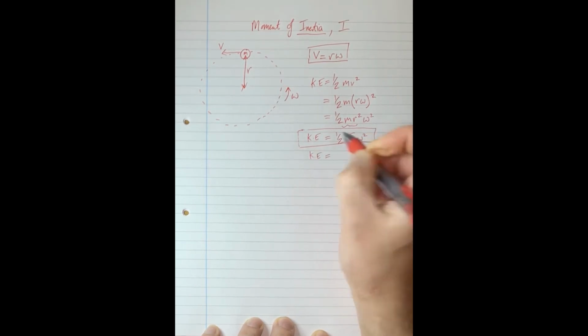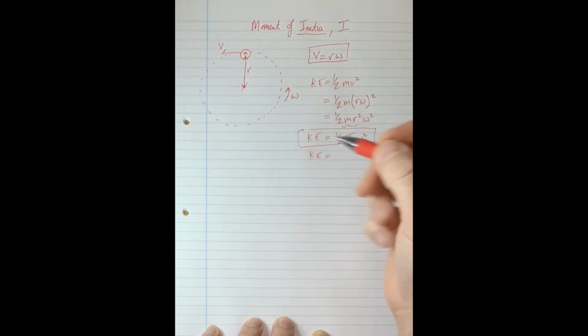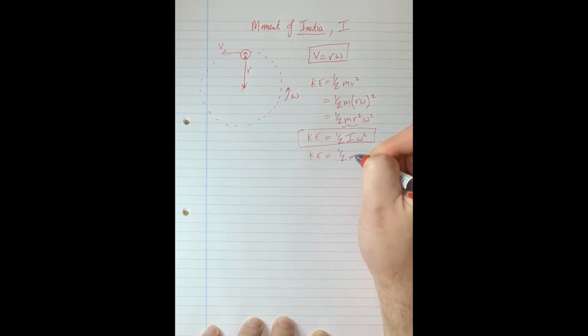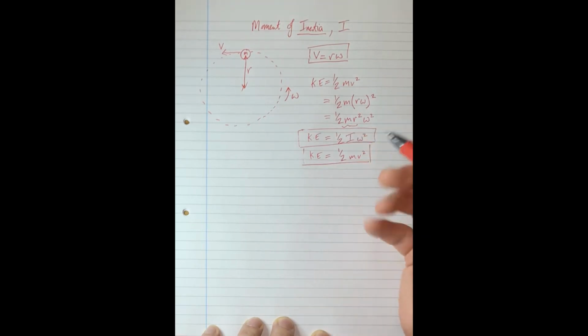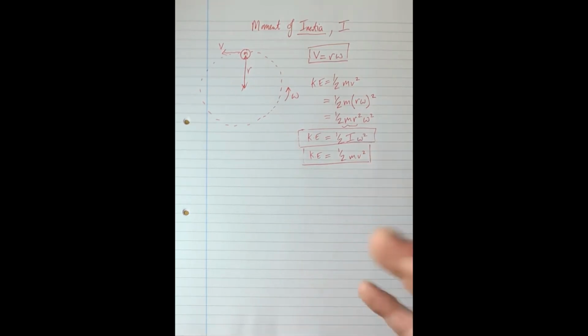And the kinetic energy in terms of linear motion is half mv squared. So there are similarities: the linear velocity and the angular velocity, and this is our mass in terms of linear motion, and this is our mass in terms of angular or rotational motion. This is what we're going to be discussing today, this moment of inertia.